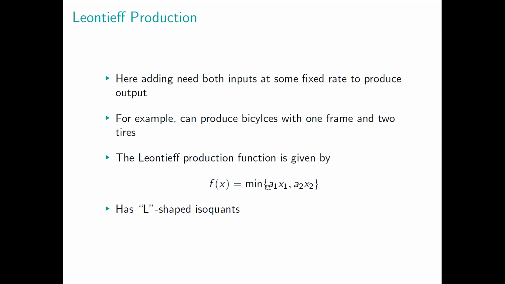That's the minimum of the amount of, say, frames you have and the minimum of the amount of tires you have, where a1 and a2 are coefficients that appropriately scale frames and tires in order to make bicycles. And again, this will have L-shaped isoquants where you first find the corner of the isoquant and then you just extend your line up and left in order to find the other parts of the isoquant.